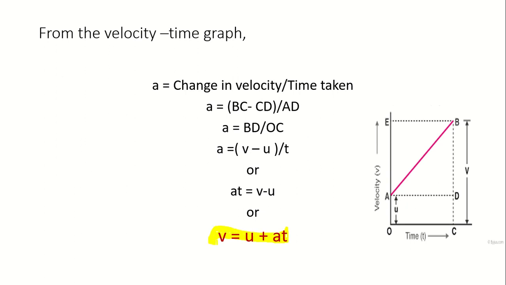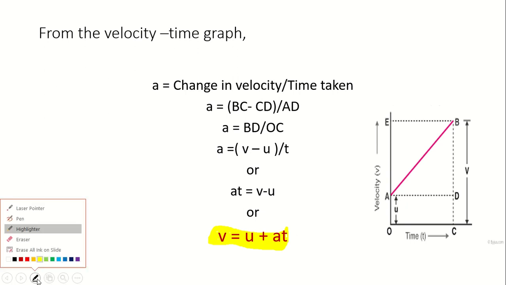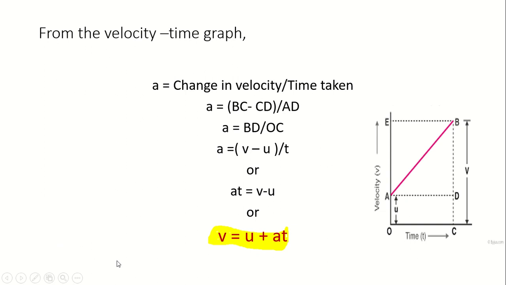This equation is the very first equation, which is also known as velocity time relation. Okay, so you should know another name of this first equation of motion, that is velocity time relation. Right, now it's time to move to the next equation of motion. We are going to learn how to derive the second equation of motion.